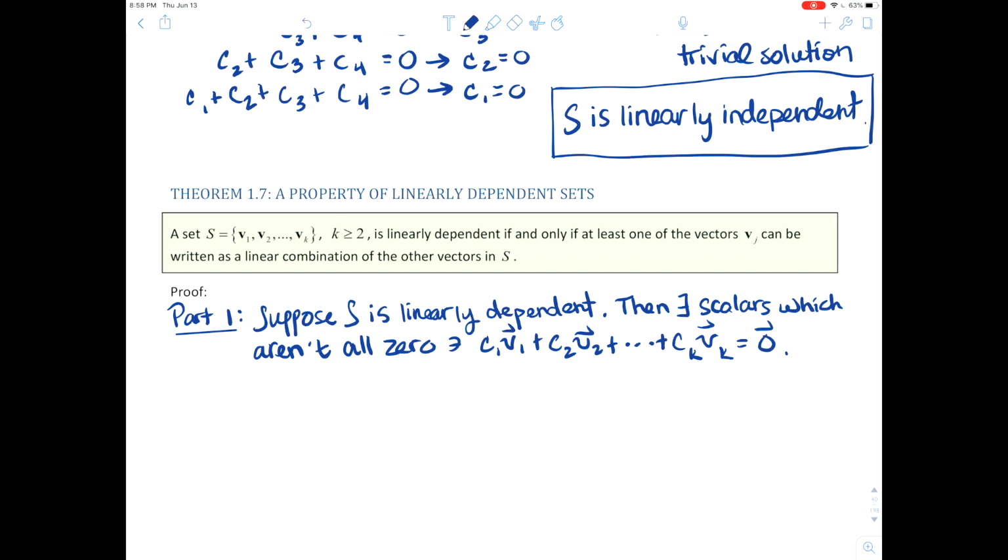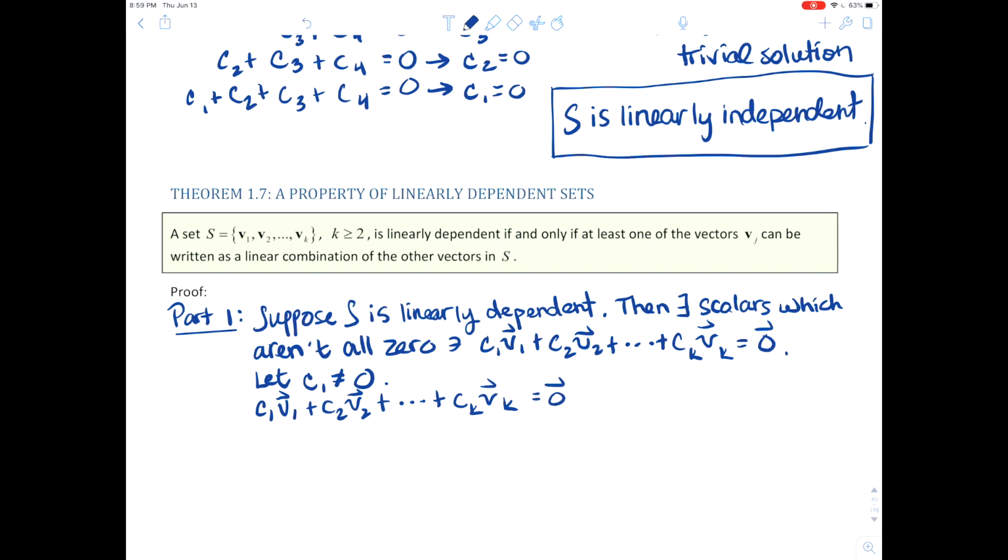Cool, cool? And why don't we let C1, I just picked it arbitrarily, let's say that C1 is non-zero, okay? So what are we going to have? We're going to have C1 V1 plus C2 V2 plus ... plus CK VK equal to the 0 vector.